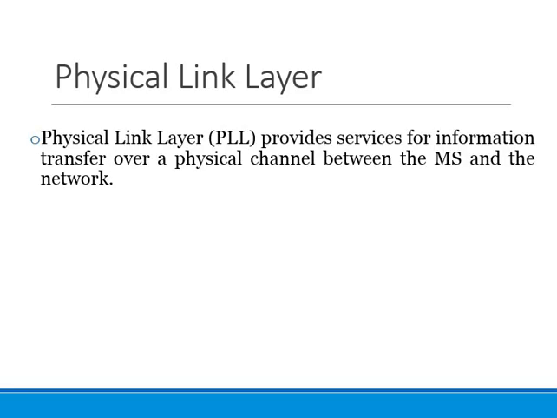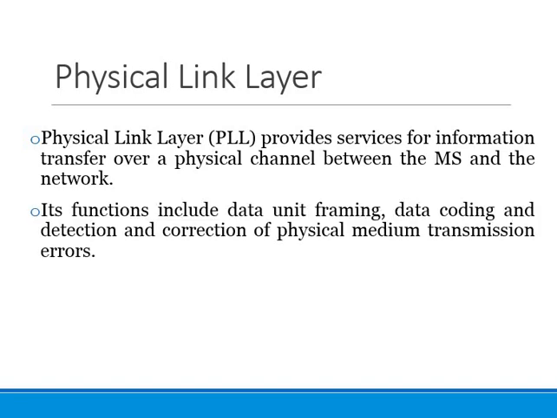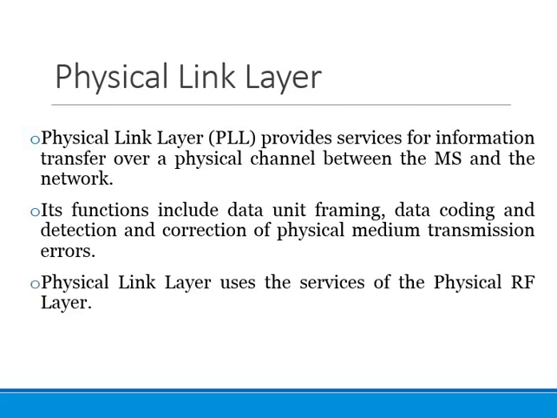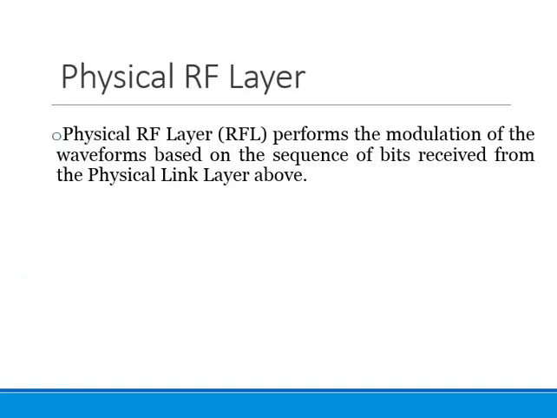The next layer is called the physical link layer. So the physical link layer, or the PLL, provides the service for information transfer over a physical channel between the mobile station and the network. Its functions include data unit framing, data coding and detection, and detection and correction of the physical medium transmission error. The physical link layer uses the service of the physical RF layer.